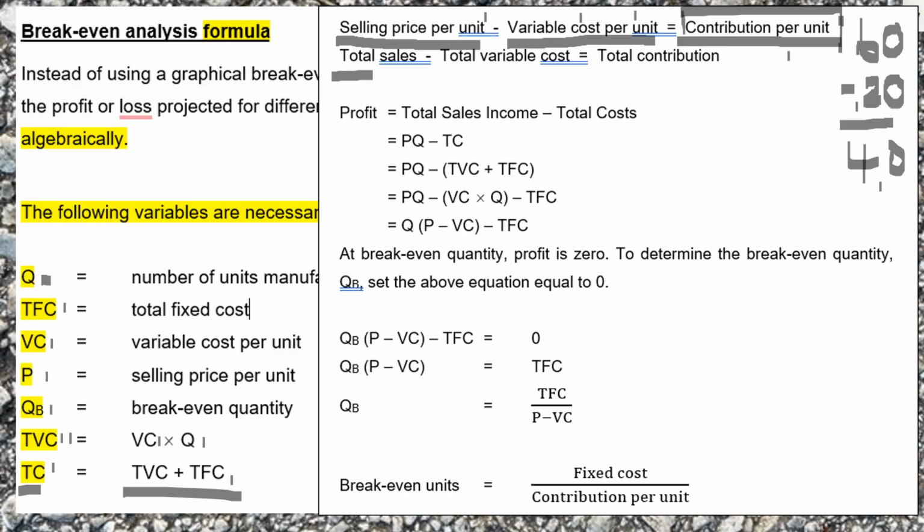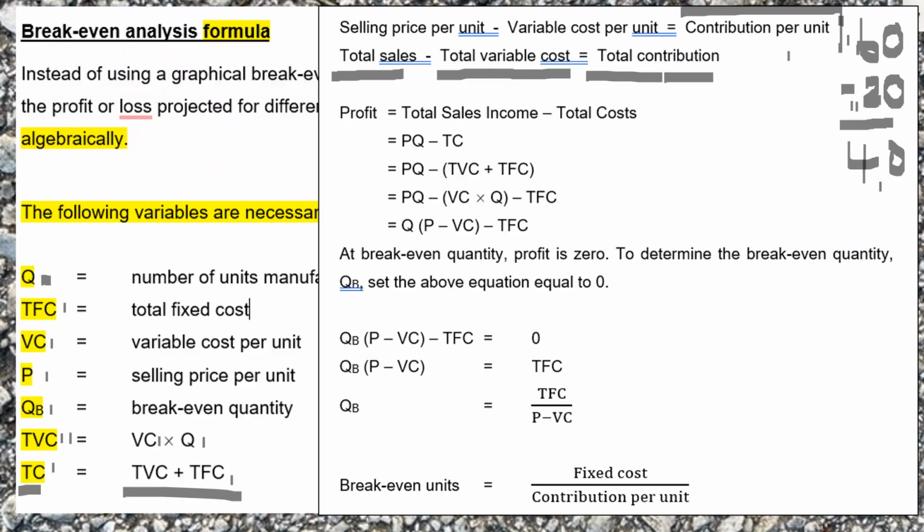Now, total sales, so if we multiply the 60 by the total quantity, less the total variable cost, so if we multiply 20 by the total quantity, gives us the total contribution. So in this first line, at the top here, they were talking about the contribution per unit.